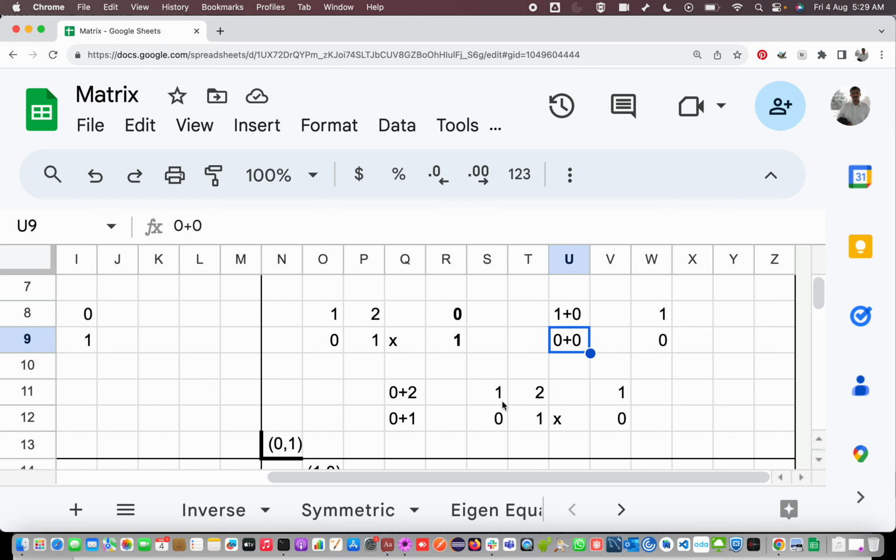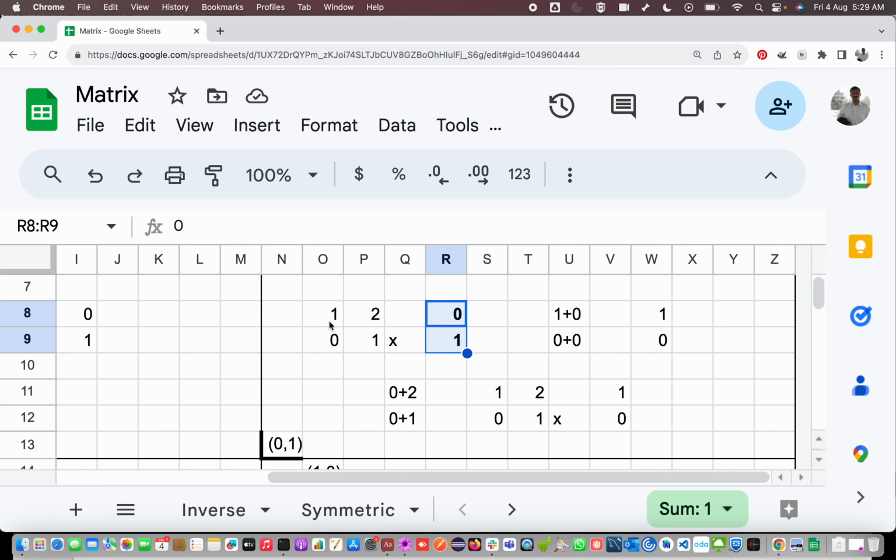So this is 1 comma 0. So 1 comma 0 is the same as 1 comma 0, and the eigenvalue is 1.